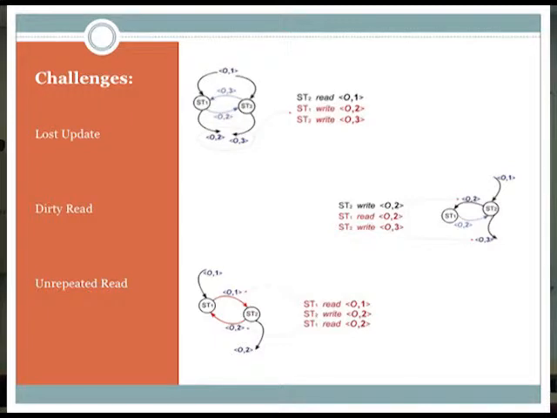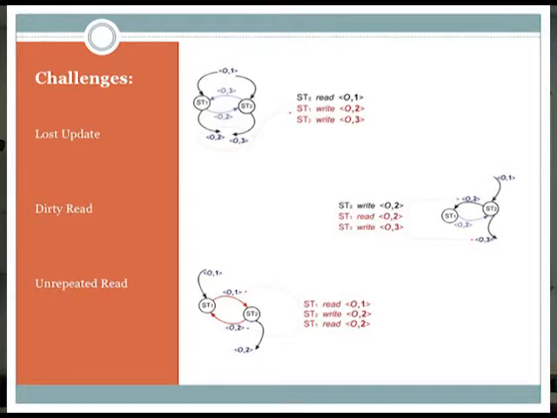Dirty read. A sub-transaction provides the data by writing or whatever. Another transaction reads that data, the example that we had a few seconds ago, and the first transaction or another transaction writes on top of this data. Therefore, sub-transaction 1 in this scenario has inaccurate data or wrong data.